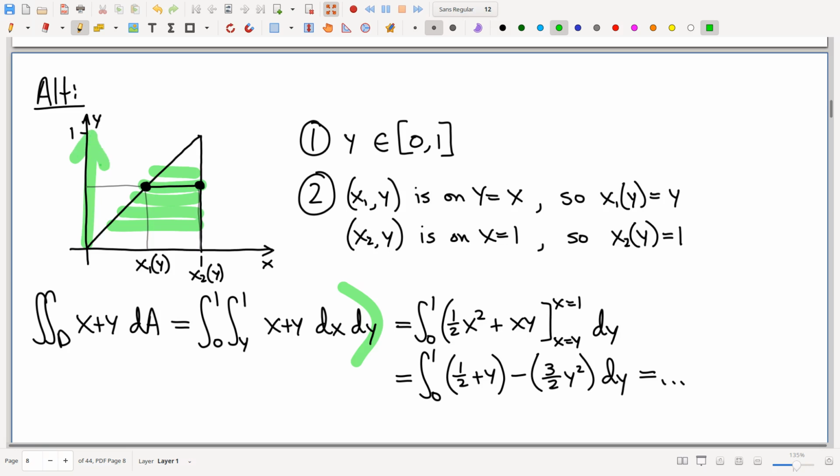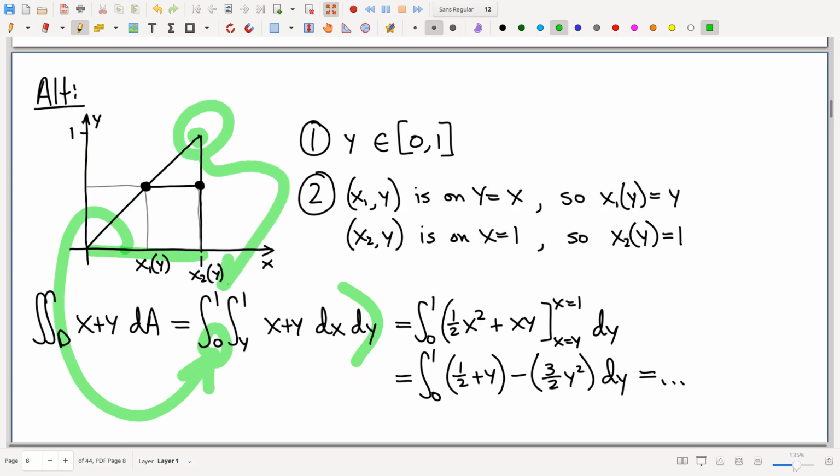And now we have to ask first and last. The first y slice is down here. The last y slice is right there. I think it's pretty clear from the picture that the lower bound for y is 0 and the upper bound for y is 1. Everybody buy it?